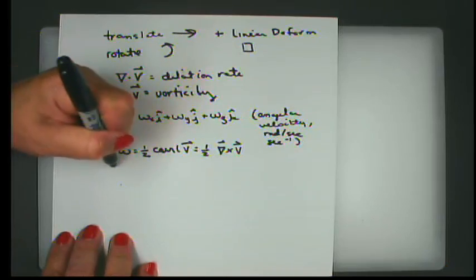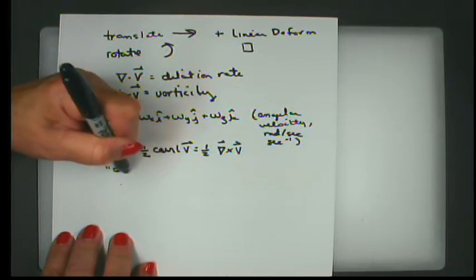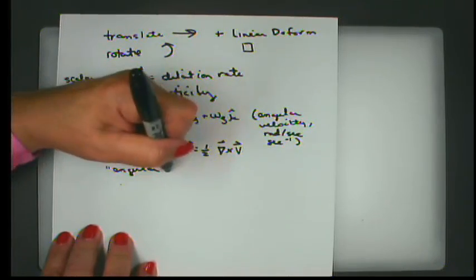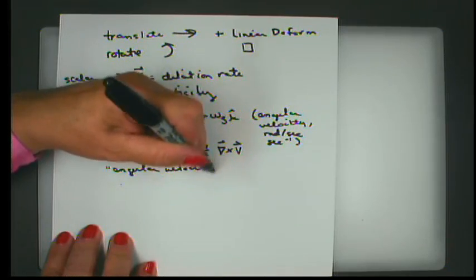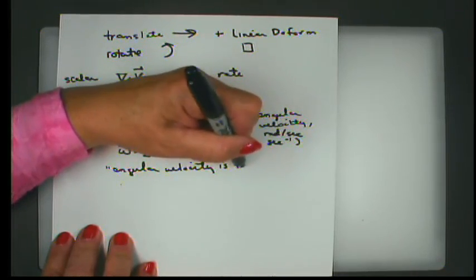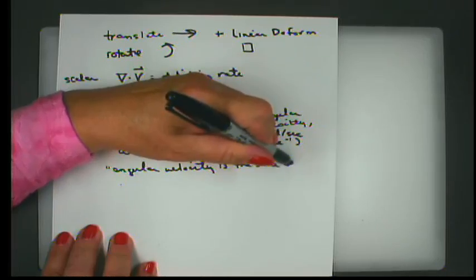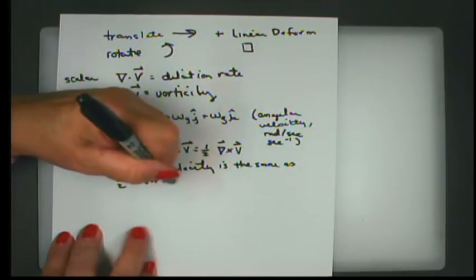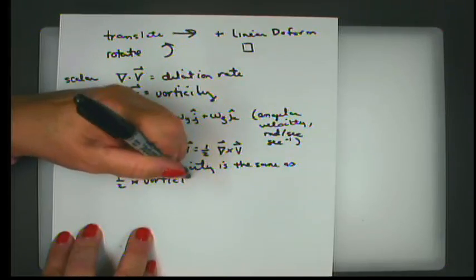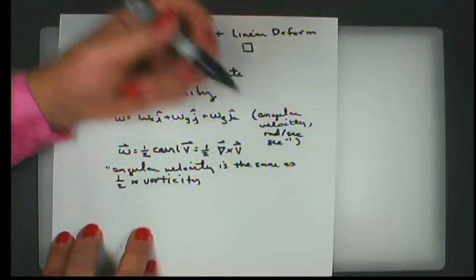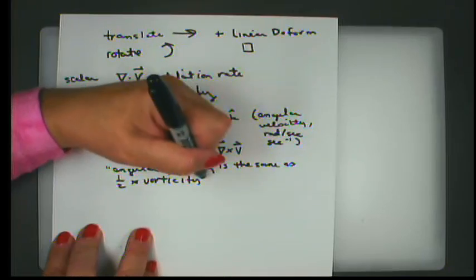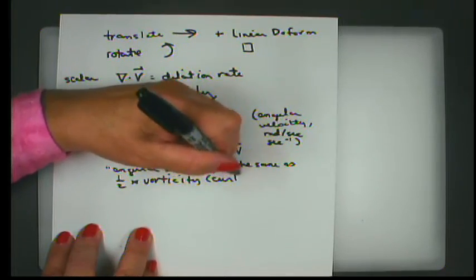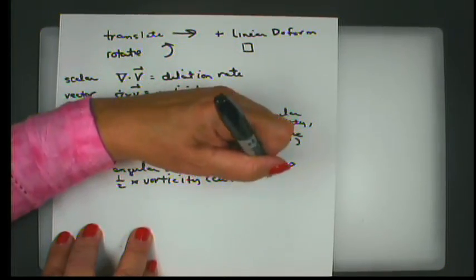So we can also say in words that angular velocity is the same as 1/2 times the vorticity, or we could call that the curl of the velocity.